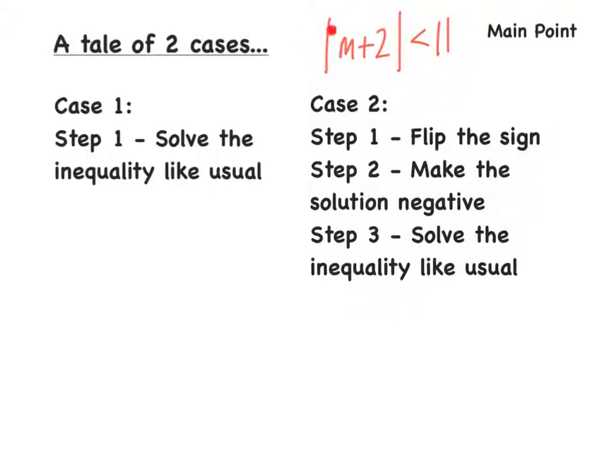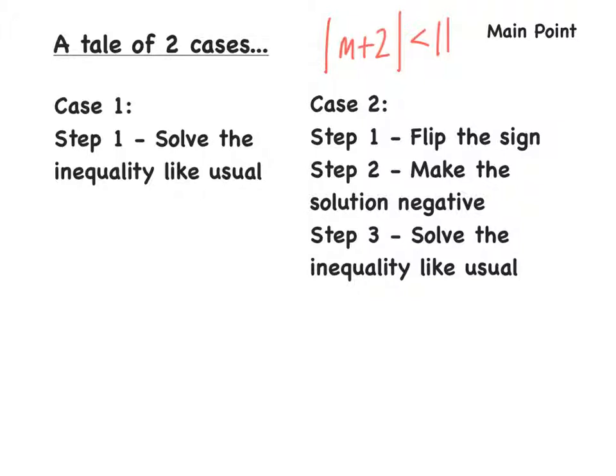So this means the absolute value of m plus 2 is less than 11. So remember, with absolute values, there are two solution sets. So the first one is a positive and the second one is a negative.